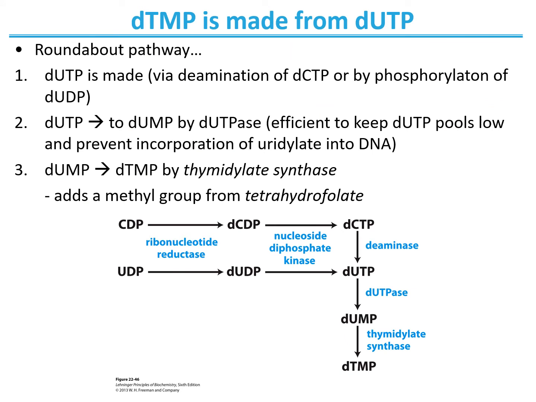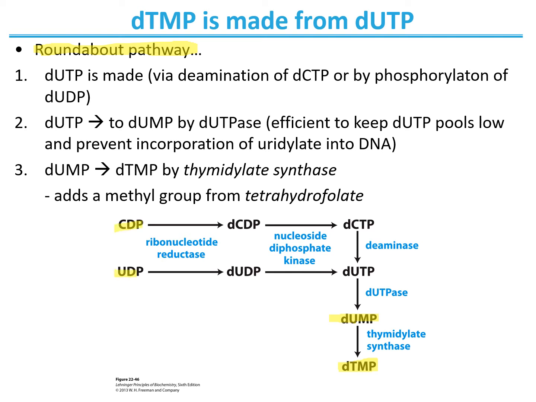Next up is something that we call a roundabout pathway, just because of the shape of the pathway. And in this pathway, we synthesize the dTMP molecule, or deoxythymidine monophosphate, and the immediate precursor for this one is dUMP. So we can start off the process with CDP or UDP.